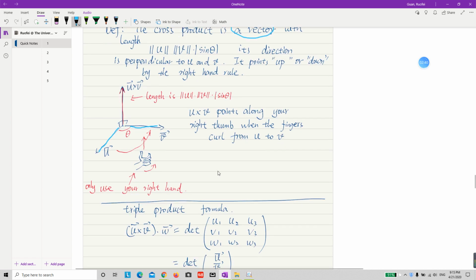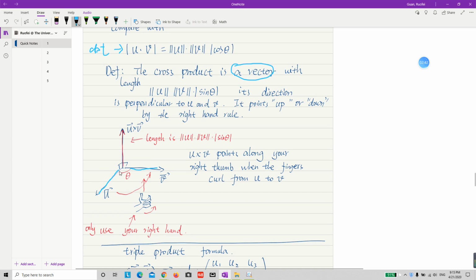So let's see. If this is u and this is v, then the direction of u cross v points along your right thumb when the fingers curl from u to v. When your fingers curl from u to v, the direction points along your right thumb.